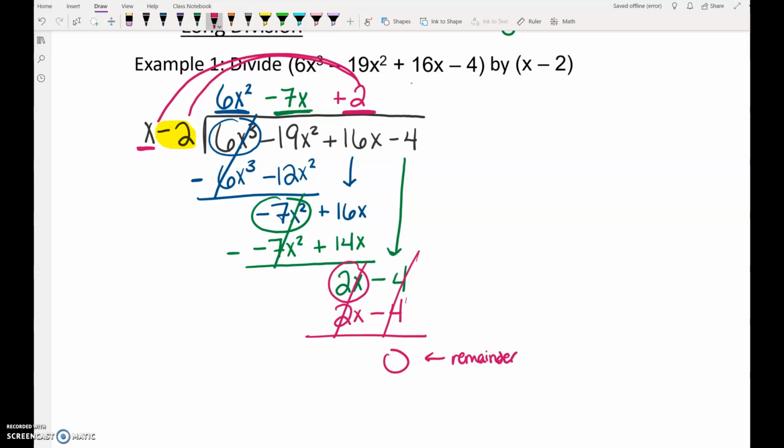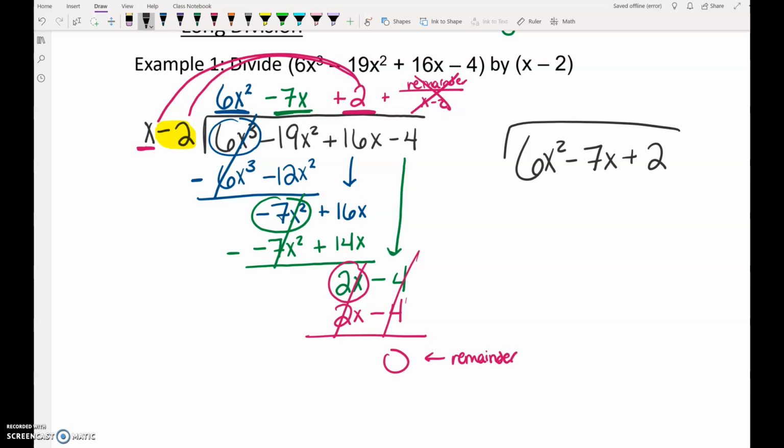If we had had a remainder, we would have put the remainder over x minus 2 and added that on to the end of this. But since our remainder is 0, we don't have a remainder on this problem. So our final answer is 6x squared minus 7x plus 2.